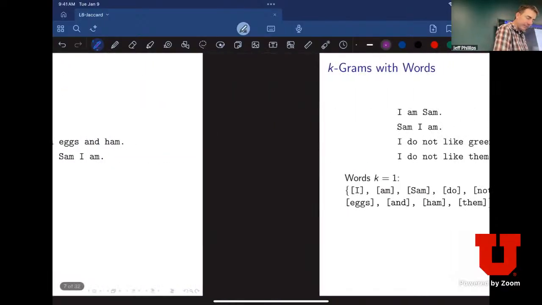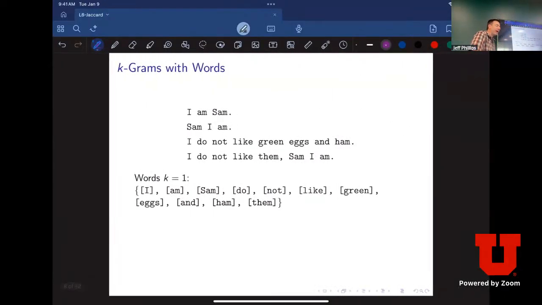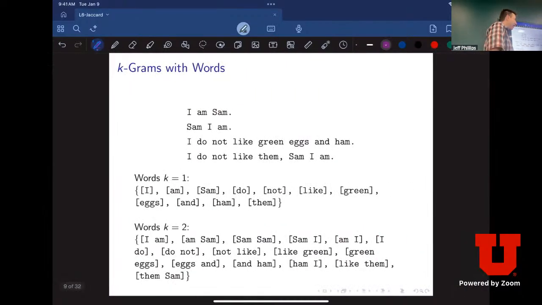You can do all the k-grams of length 1, and this is all the individual words, treating this as a single document. And then if I do k-grams of length 2, I get all this set. I have I am, am Sam. If I treat it as a single document, I can wrap around the line, so I can have Sam I, and I have am I. Why did this one not show up as a k-gram?